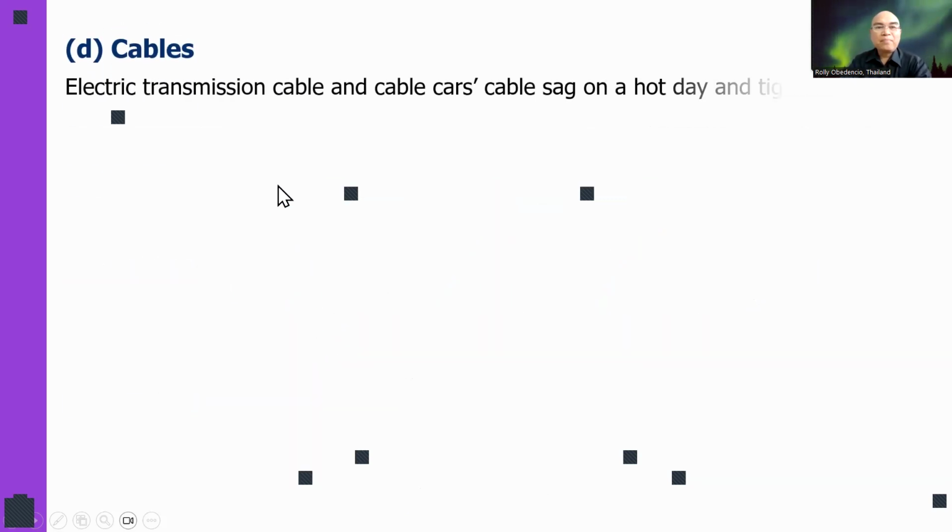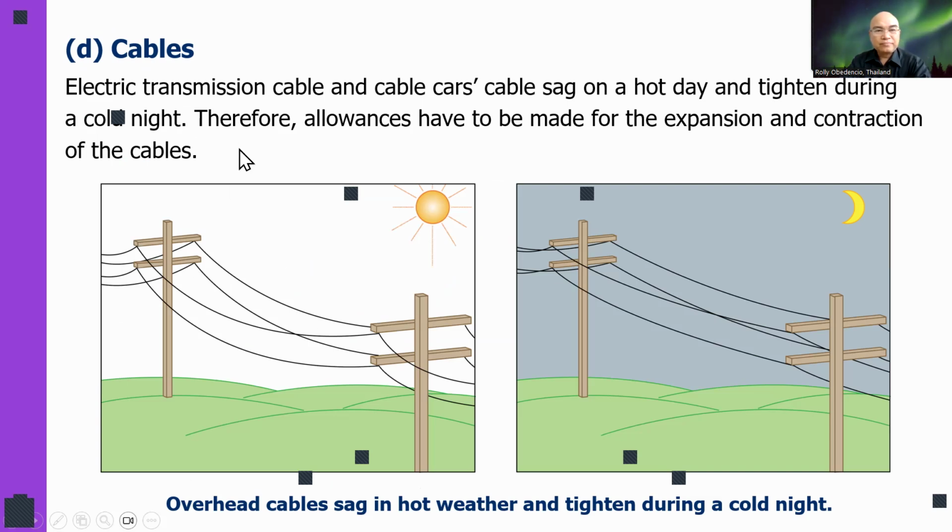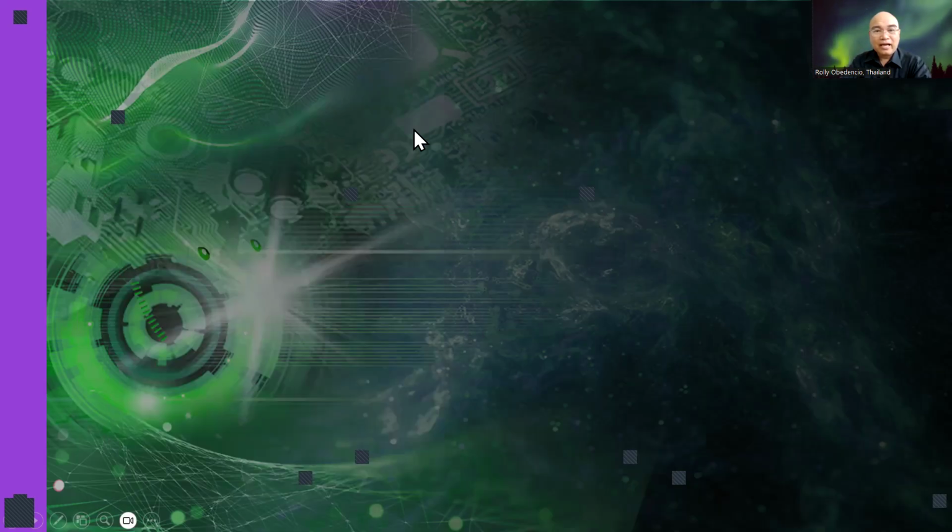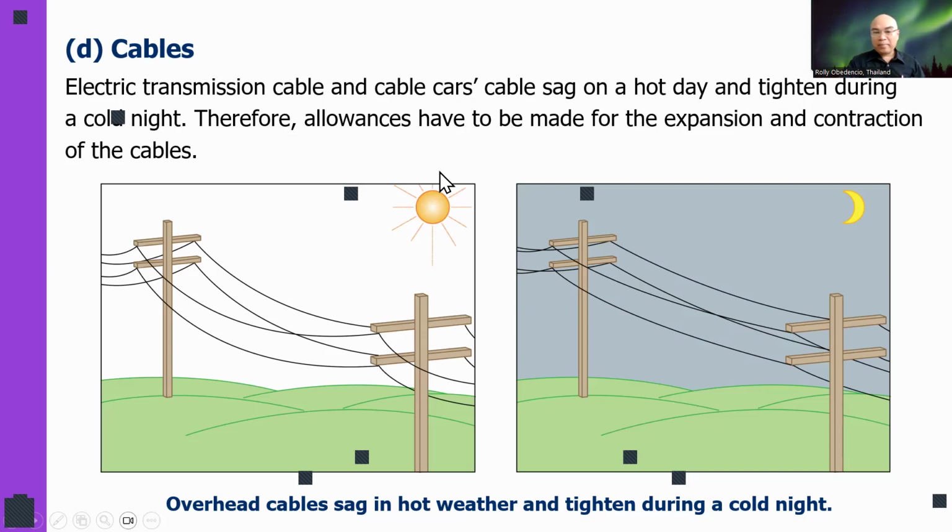Okay? What about cables? Electric transmission cables and cable cars sag on a hot day and tighten during a cold night. All right. Therefore, allowances have to be made for the expansion and contraction of the cables.